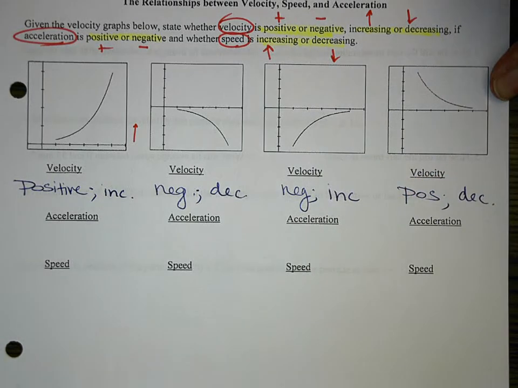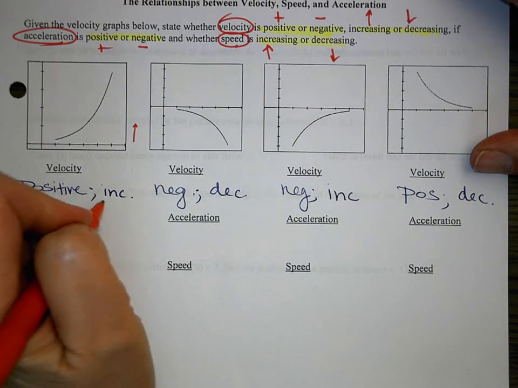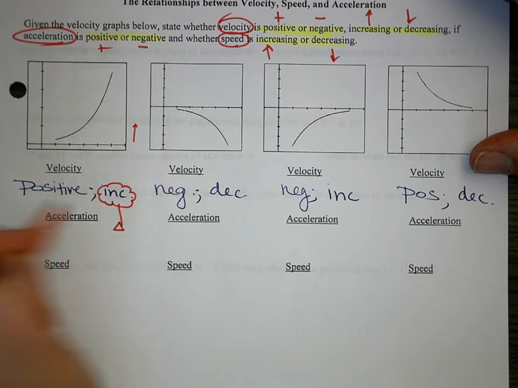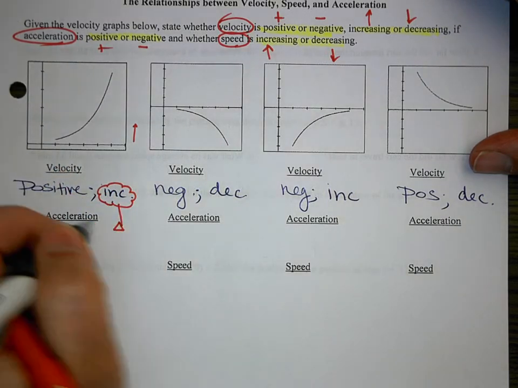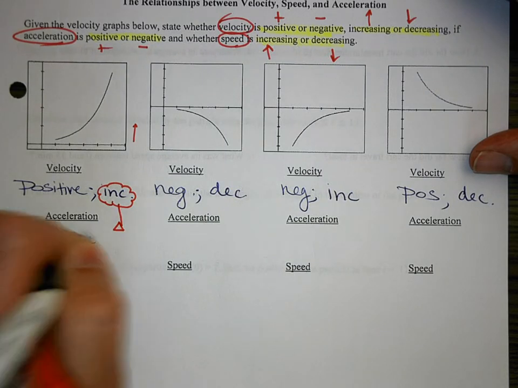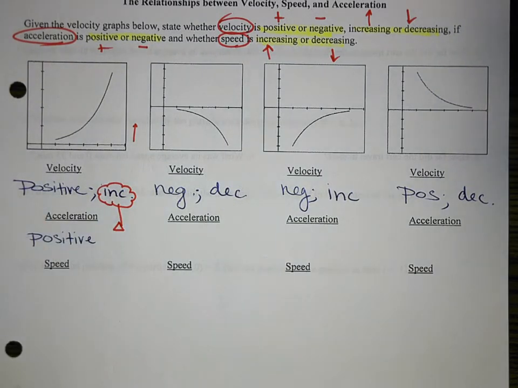Okay. And then here's that definition part. Because velocity is increasing, that means acceleration has to be positive. Right? So because velocity is increasing, acceleration is positive.